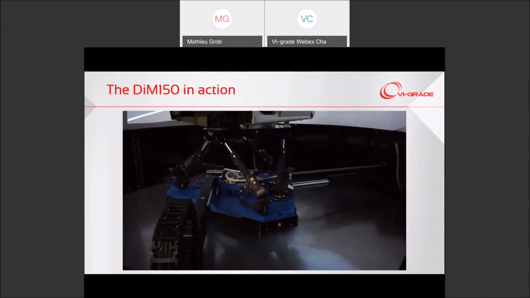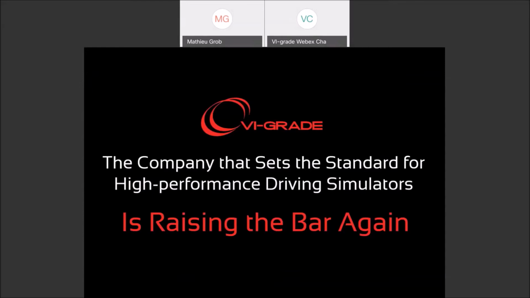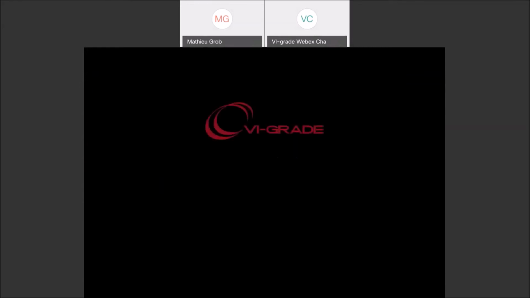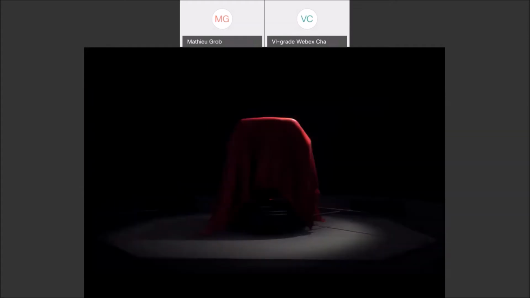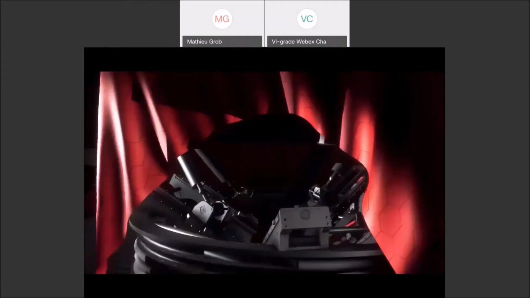So that is our unique architecture. And now, to raise the bar again, ViaGrade has come up with a new simulator, a new concept that uses exactly the same philosophy, exactly the same principles we just detailed, but with a different technology.